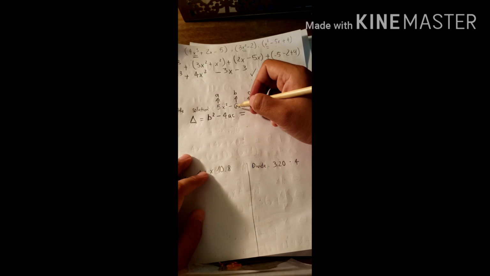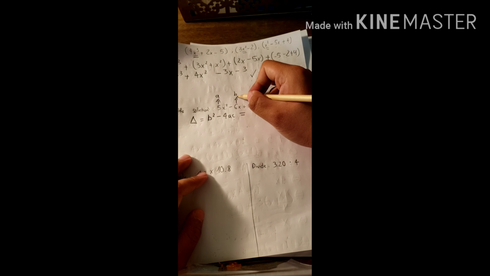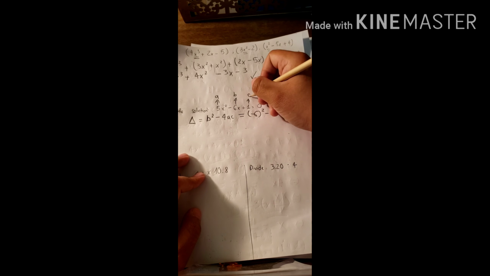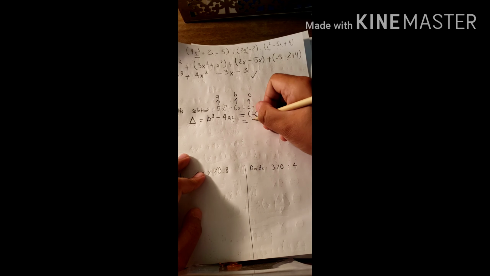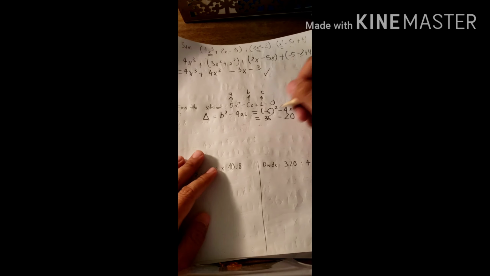In here we have b, that is minus 6 power 2, minus 4, a is 5 and c is 1. So that we have 36 minus 20, that is about 16.